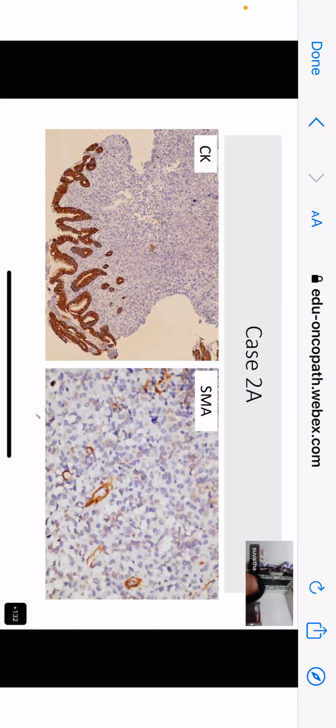Where is it positive? Okay. That's where you think. What about this? Is that also positive? Yes, ma'am. It looks like a vessel. And so what you marked, what was that? It was a tumor cell?